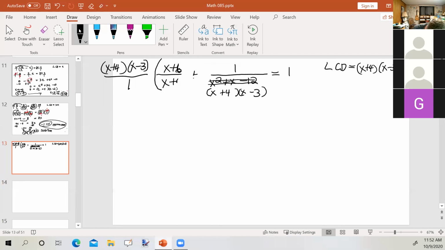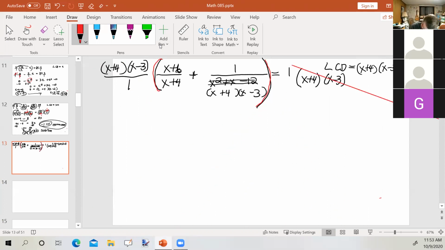I should have put my parentheses here. Sorry about that. And then over here, x plus 4, x minus 3. So in other words, let me switch colors here. I'm multiplying all of this by x plus 4 times x minus 3, and all of this. Okay?